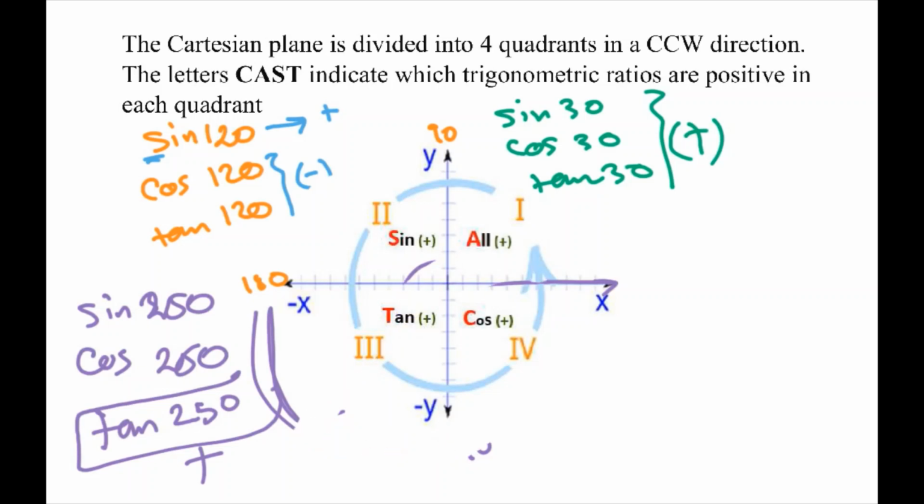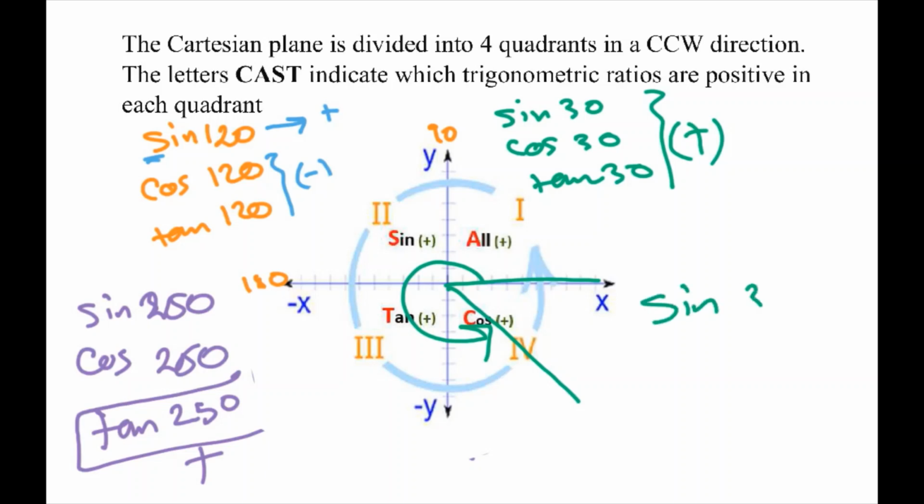Finally, if you try an angle in quadrant 4, and here we are going to talk about this angle from here to here, and we are taking an angle in a counterclockwise direction. Then we'll try something like sine 300, cosine 300, and tangent 300.